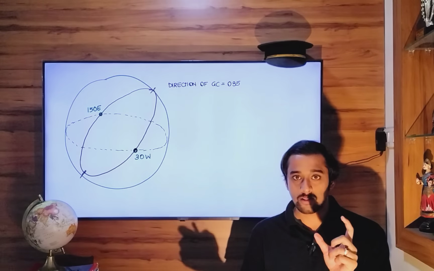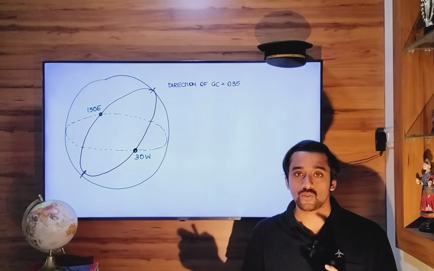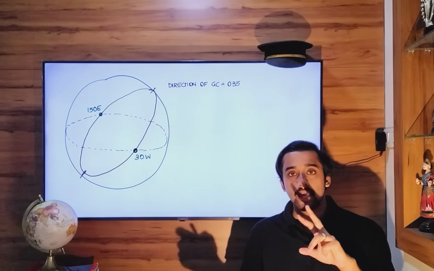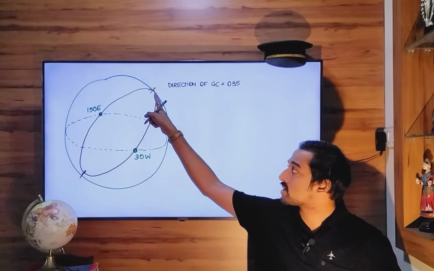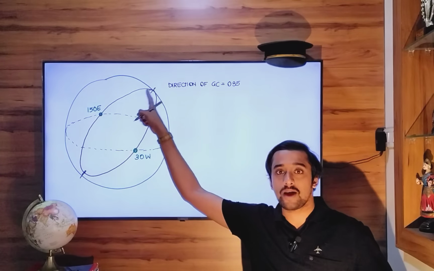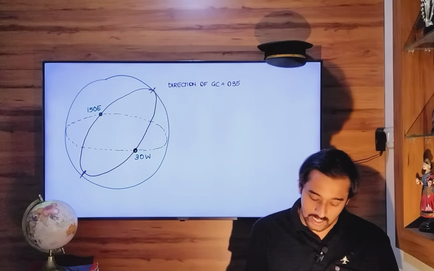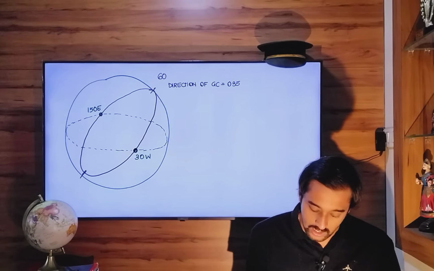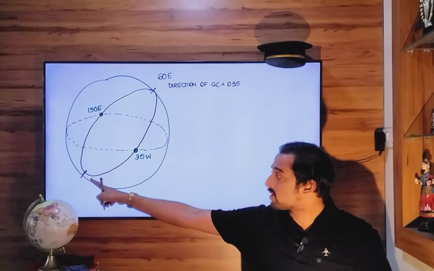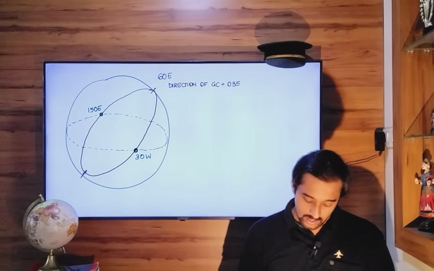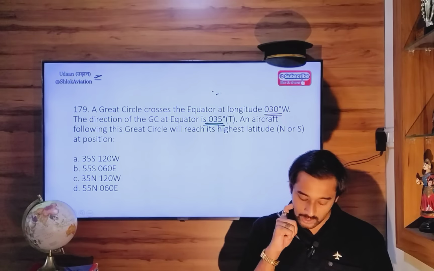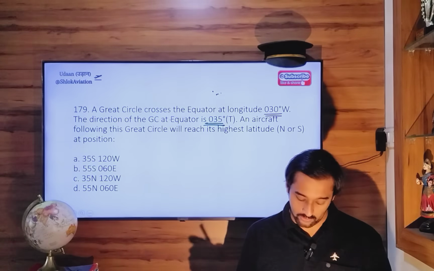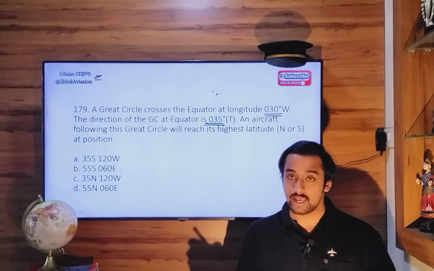The longitude of the northern vertex and southern vertex will be 90 degrees different from these two values. So northern vertex will be 150 minus 90, which is 60 degrees east. Southern vertex will be 30 plus 90, which is 120 west. So now look at the options. We have 120 west and 60 east in all the four options. Now we will find latitude.